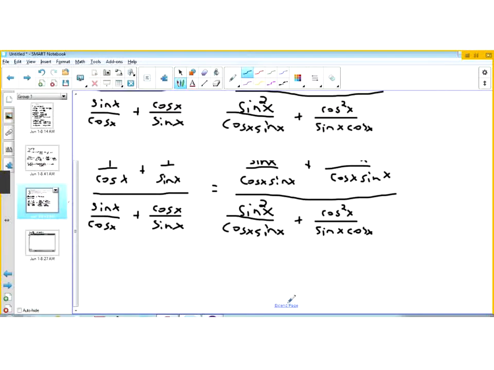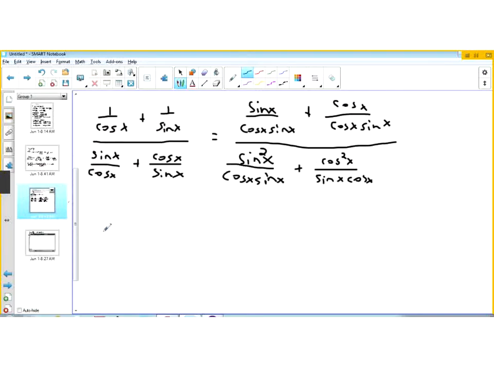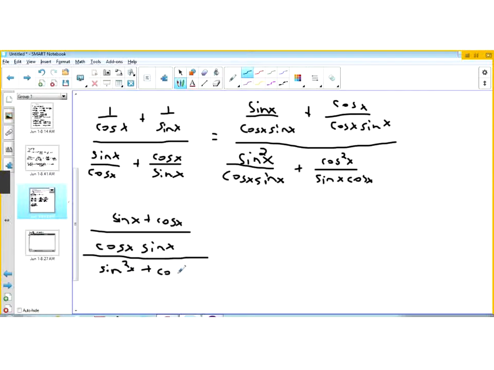Okay, so now coalescing the terms, the numerator becomes sine x plus cosine x divided by cosine x sine x, all of that divided by sine squared x plus cosine squared x all over cosine x sine x.